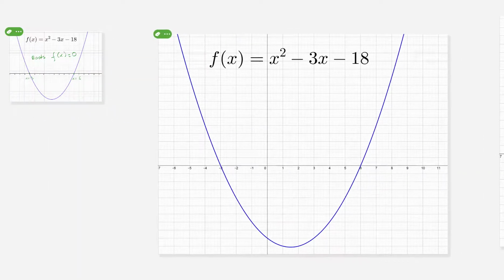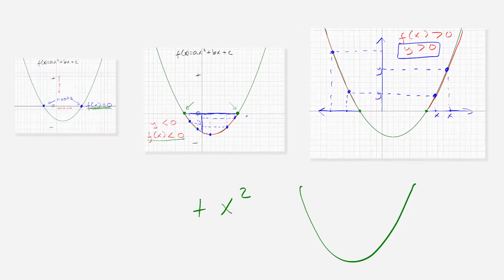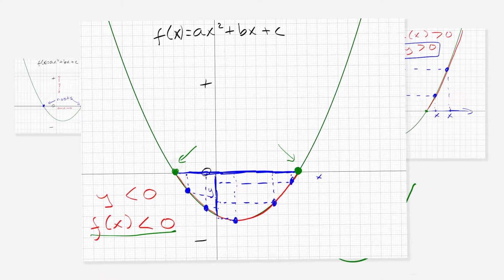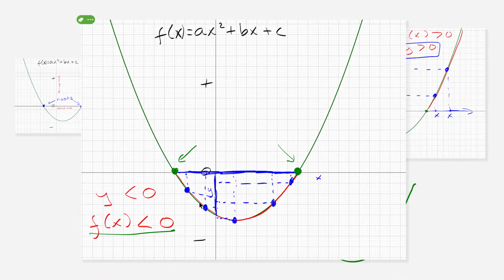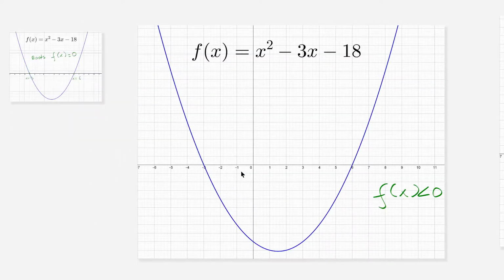The next thing, let's have another look. Now let's be interested in where the function is less than 0. We already said, if you remember the previous situation, when we're looking at where the function is less than 0, we care about the values in between the two roots in this particular case. So we care about this part of the function here, below 0, but the x values we care about are the x values in between the two roots.